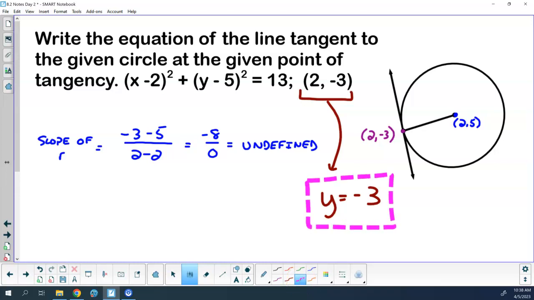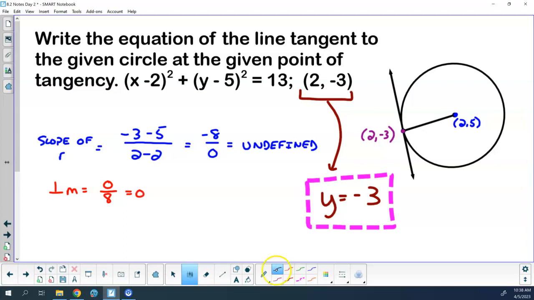We'll do it a different way. If this is my slope, what's the perpendicular of that? 0 over positive 8, which is 0.